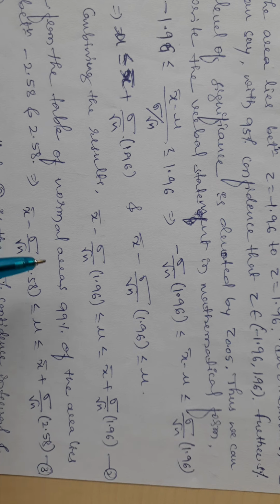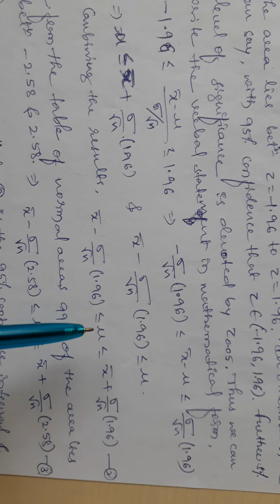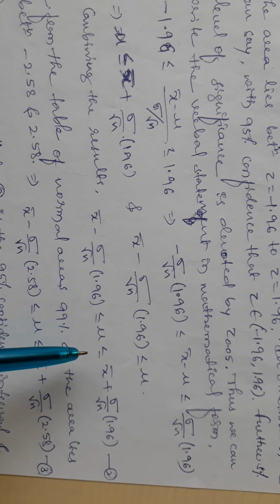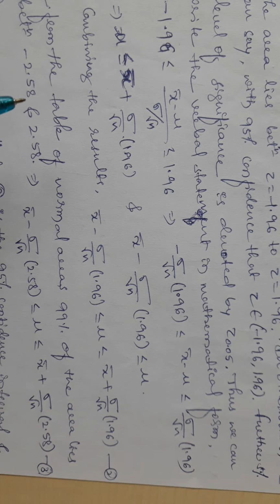If we see in the normal distribution table, for 1.96 we get 0.475, but in the normal distribution table our z value is symmetric, therefore it is 2 times phi of z. Therefore 2 times 0.475 gives 0.95, which is 95%.